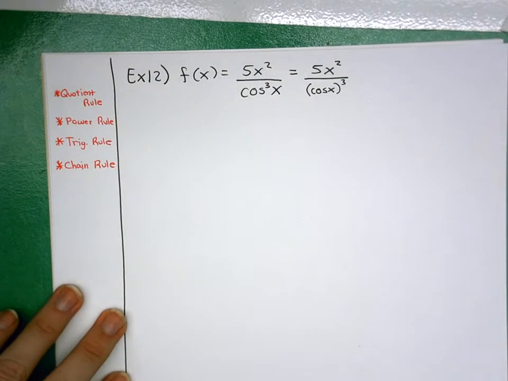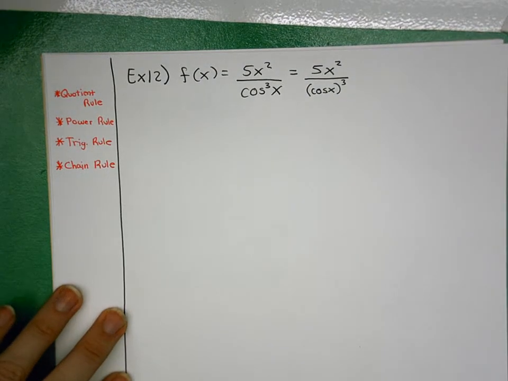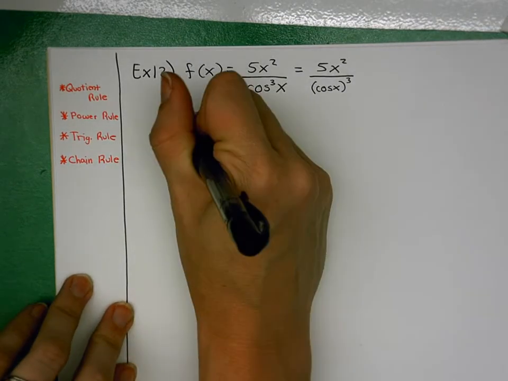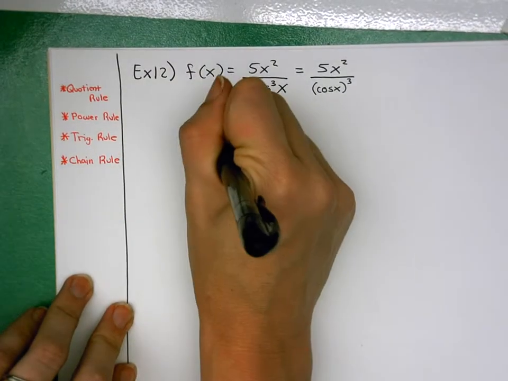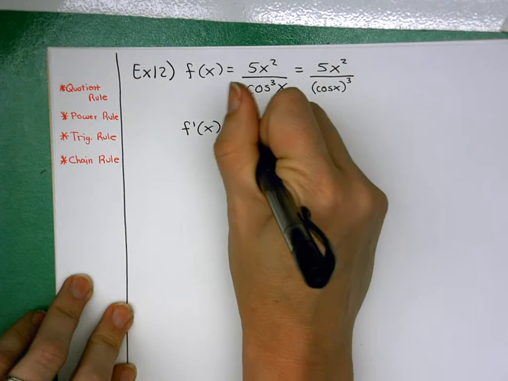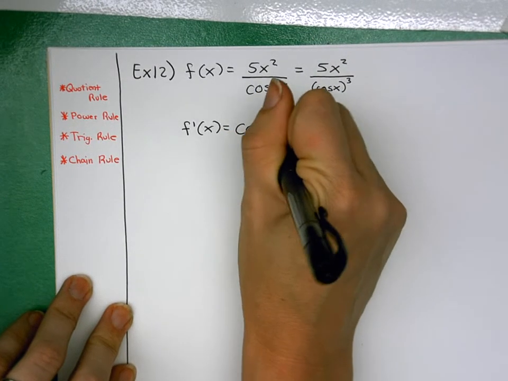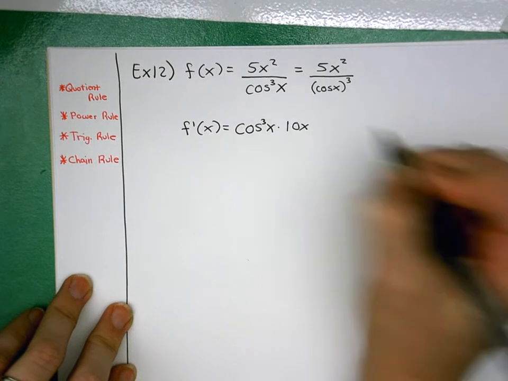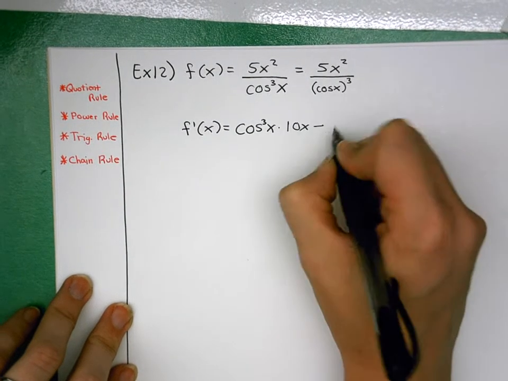Okay. So then here we go. Let's walk through this. Quotient rule. Low, my cosine cubed x. D high, derivative of 5x squared is 10x. Minus high, 5x squared.